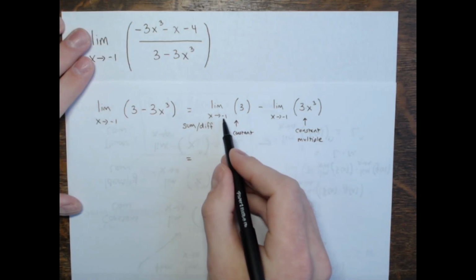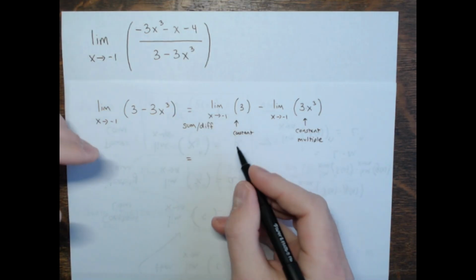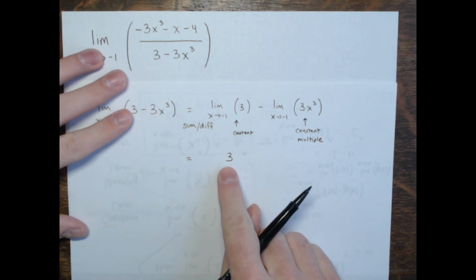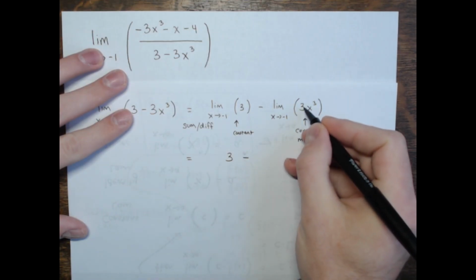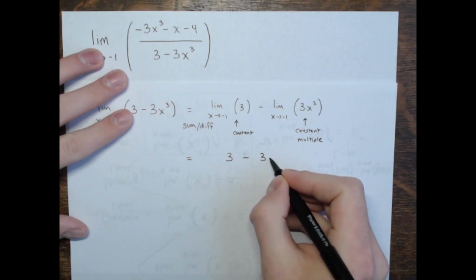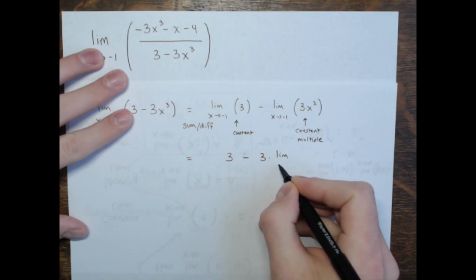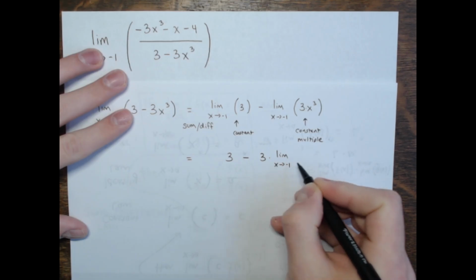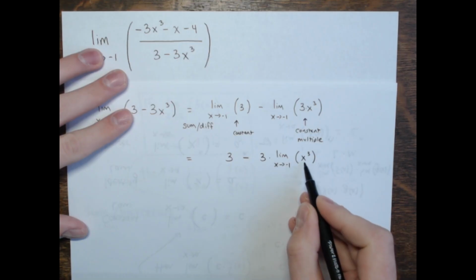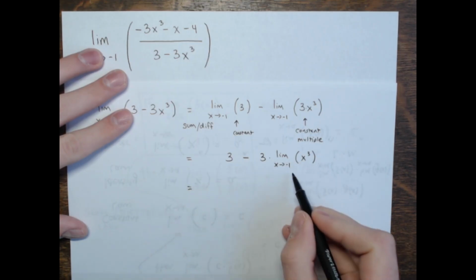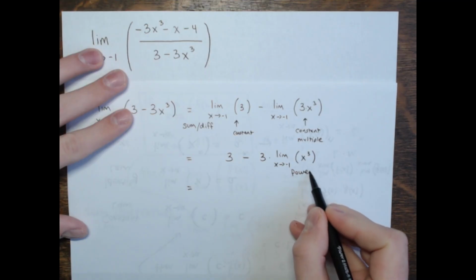Now the limit as x approaches anything of just 3 would be 3, right? So value of 3 there. And then minus, and then I pull this 3 outside the limit, 3 times the limit as x approaches -1 of just x cubed. And then apply the power law here, that power law I mentioned.